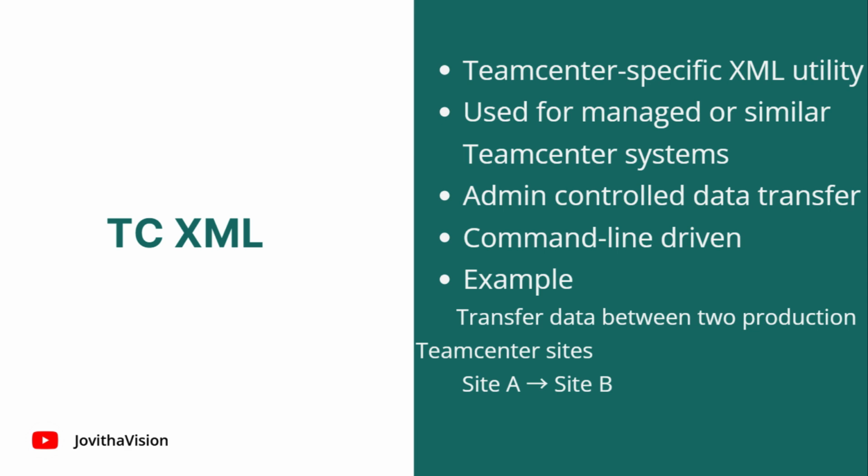It is admin controlled and usually executed using command line utilities. You will commonly see TCXML in multi-site Teamcenter setups, where data moves from one site to another in a controlled and predictable way. For example, you may need to transfer data from site A to site B, where both systems already have the same Teamcenter version and data model.